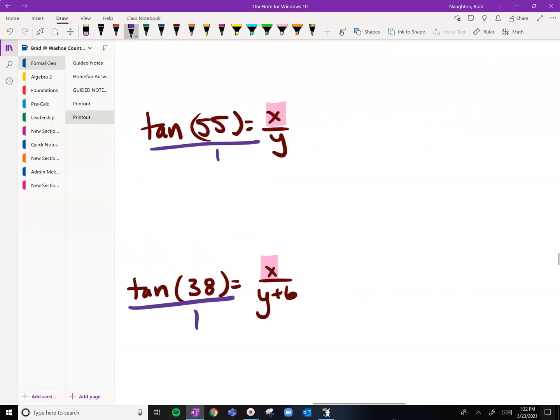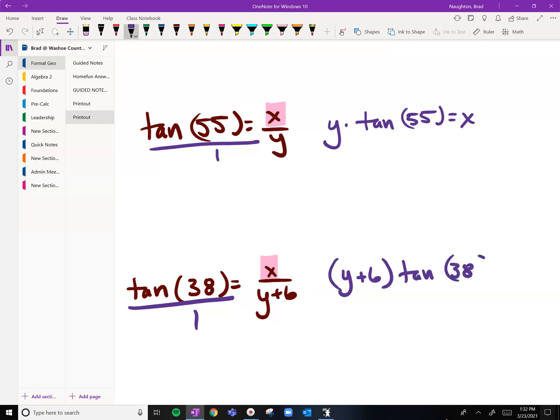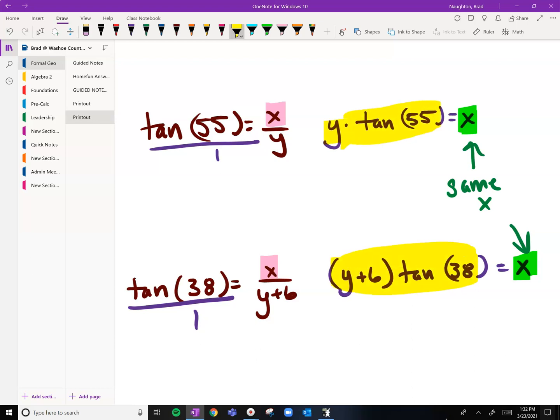So if I cross multiply, I'm going to get Y times the tangent of 55 is equal to X. And then here, I'm going to get Y plus 6 times the tangent of 38 is equal to X. So here, notice we have the same X. So because they're the same variable, I'm going to set these parts equal to each other. So Y tan 55 is equal to Y plus 6 tangent 38.